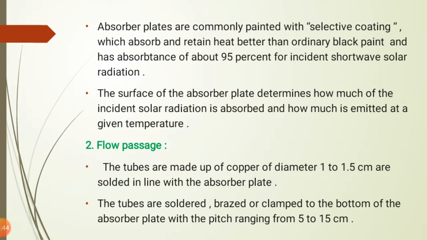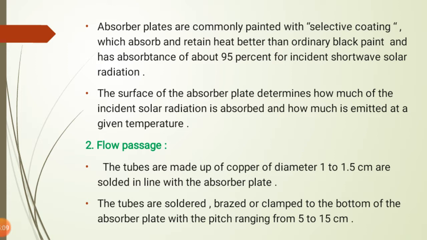A selective coating absorbs and retains heat better, and it has an absorptance of about 95%. That means it can absorb nearly 95% of the solar radiation incident on it, for short wave solar radiation.